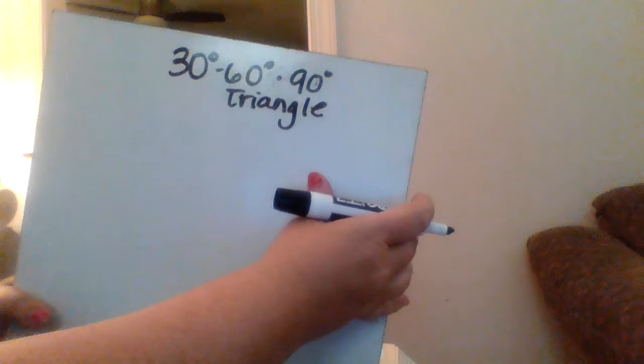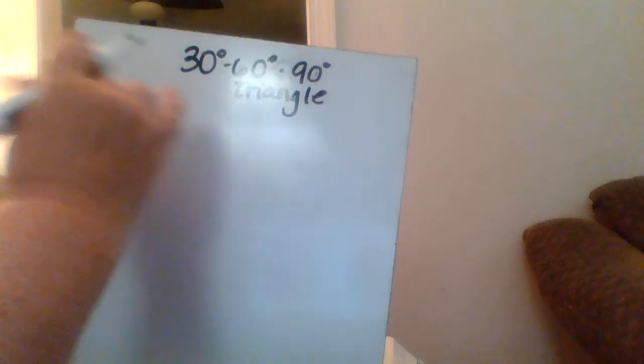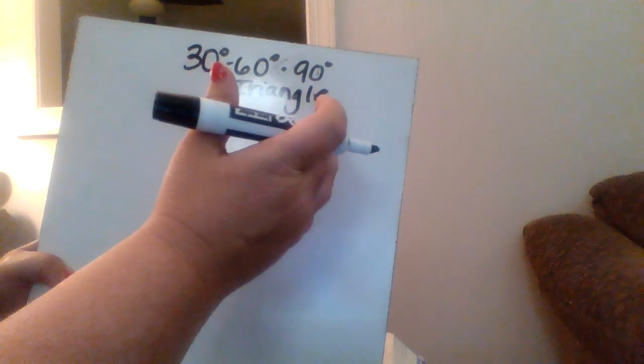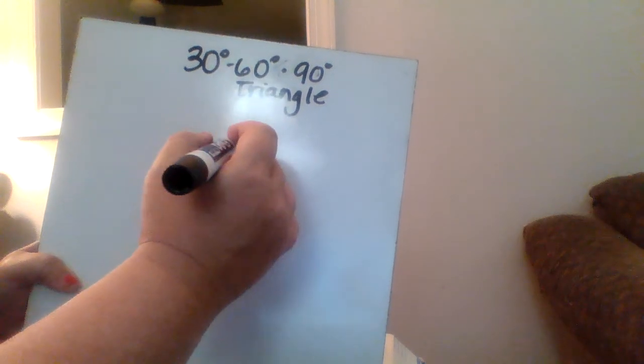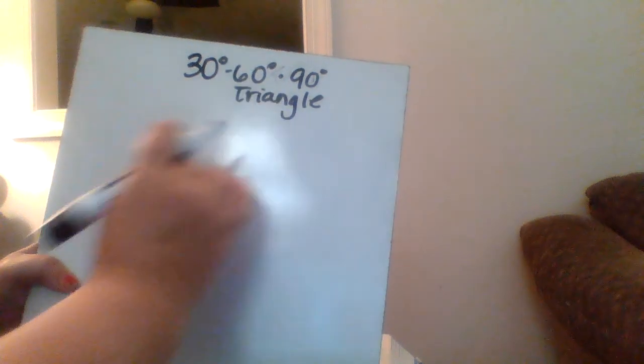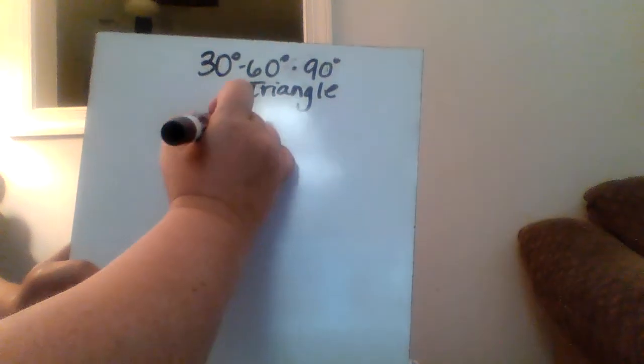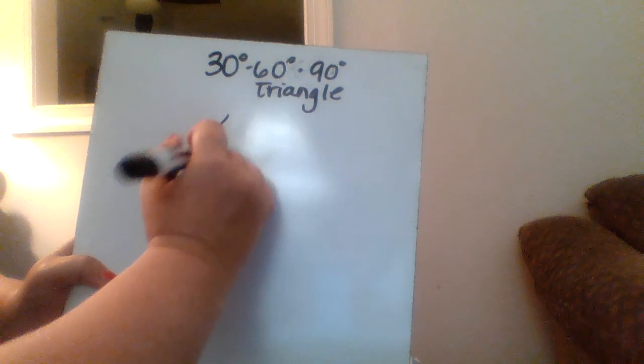It's another form of a special right triangle. Basically, this 30, 60, 90-degree triangle is what we get when we divide an equilateral triangle in half to make two 30, 60, 90 triangles. So let's draw one of those out here.